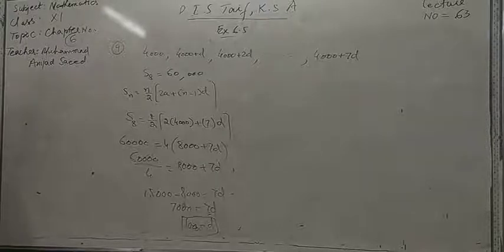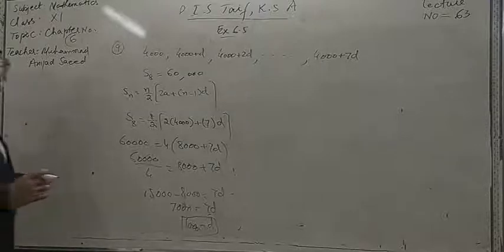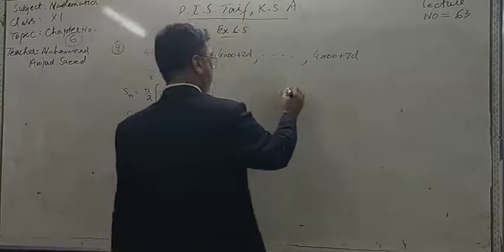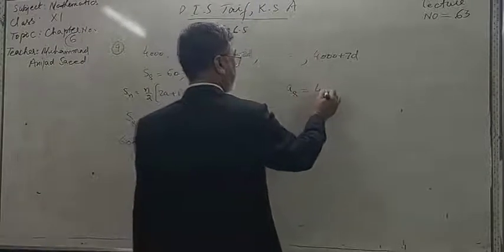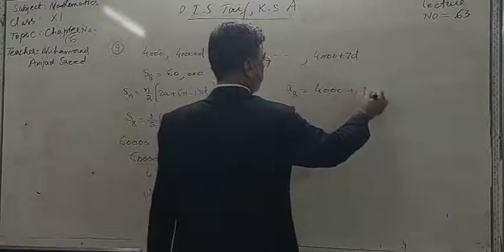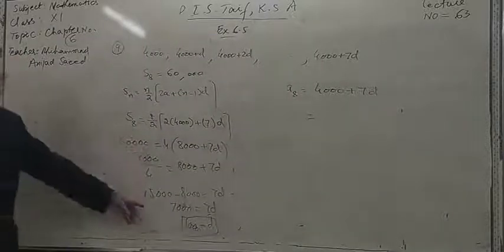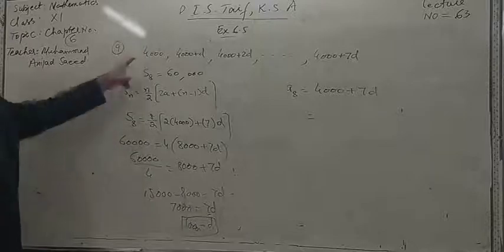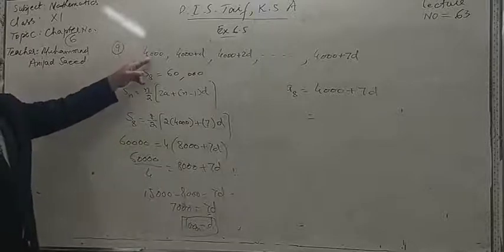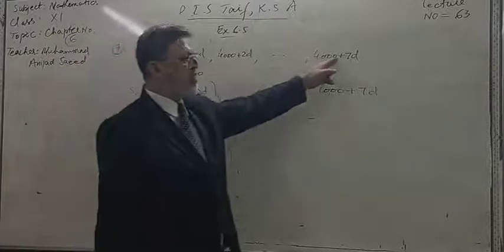So what will we get for the 8th term? The 8th term will be 4,000 plus 7d. Remember that we had to find the d value. This is the lowest position and this is the highest position.